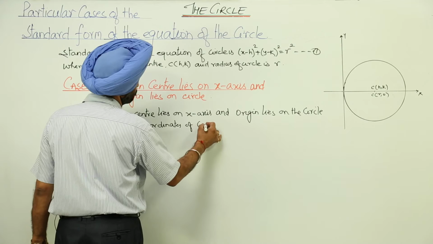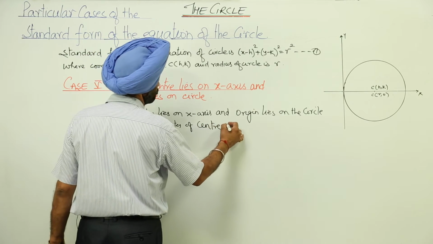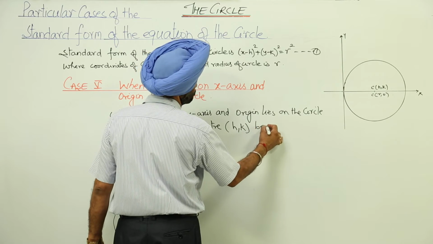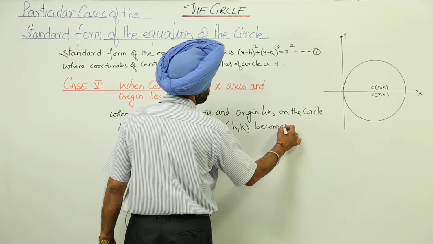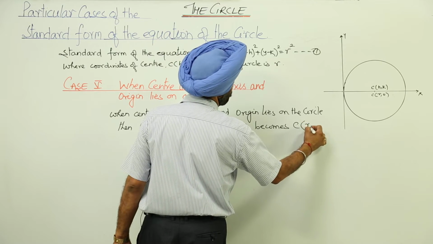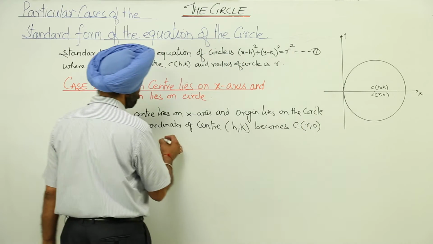coordinates of center h comma k becomes r comma 0.